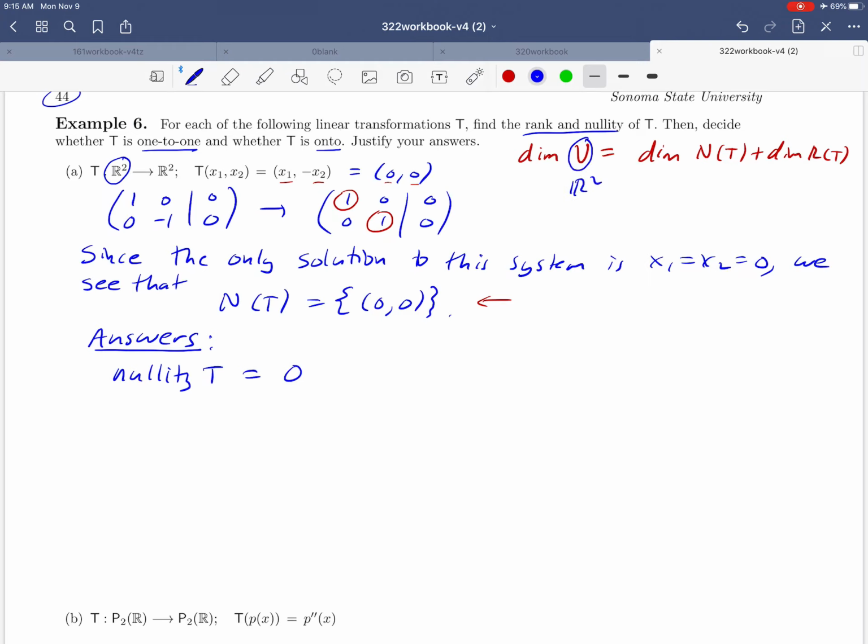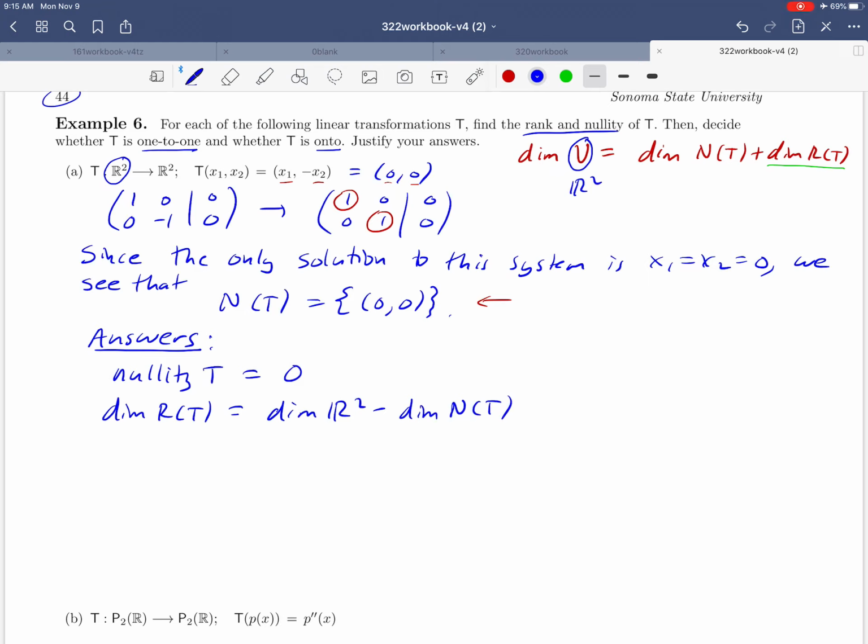So if we take that theorem and just rearrange it, that means that the dimension of R(T), otherwise known as the rank, is equal to the dimension of R2 minus the dimension of the null space.